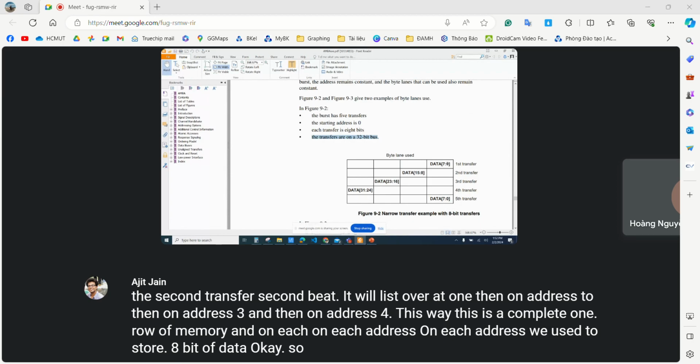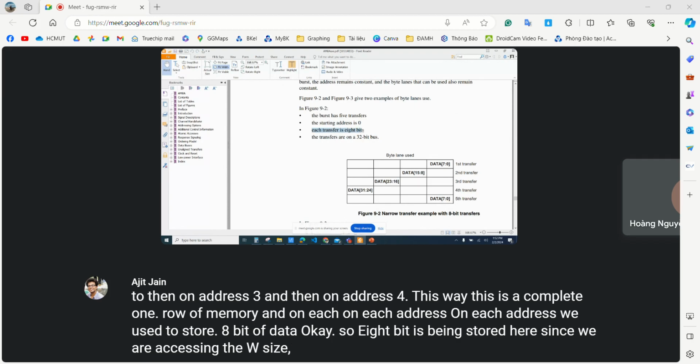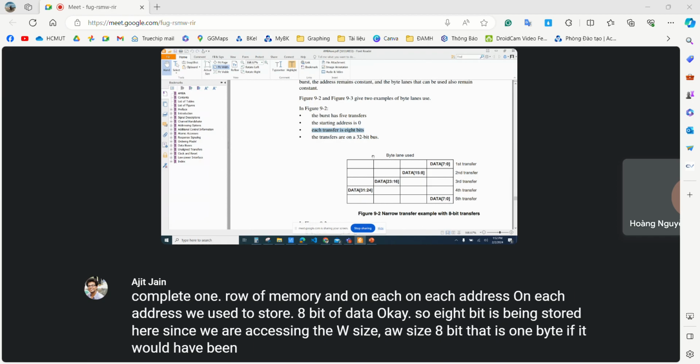Since the size is 8 bits, that is 1 byte, 8 bits are stored here. If it had been 16 bits, these two columns would have been filled.